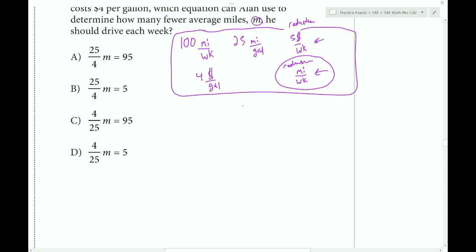Let's see. Okay, maybe we should take this longer route. Yeah, shall we do the long route? Yeah, by the way, this is it. The number is m miles per week. Let's see. Well, the one thing that we can check is for consistency amongst the units, right? So we need the units on the left side and the right side to be equal. So that's something that we can check for.